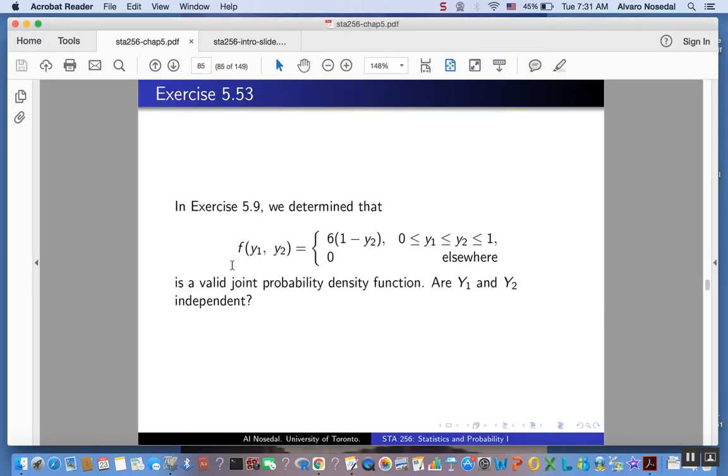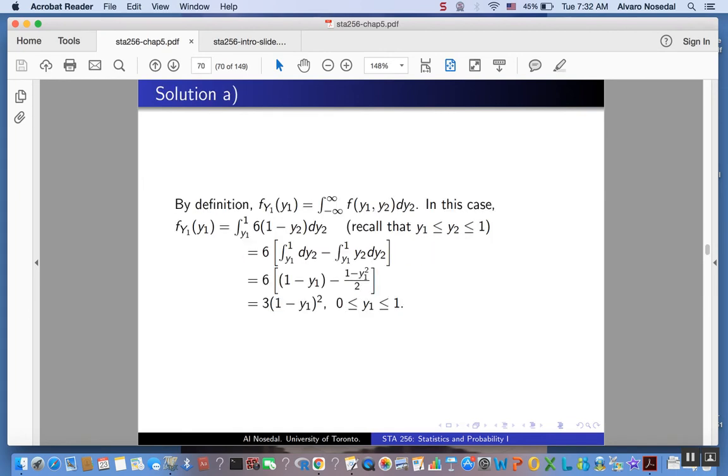Now, as I said, we had already talked about that marginal. Let me just remind you what we did. Just like before, by definition, we integrate with respect to the other variable, in this case y2, and what we ended up with was this: 3 times 1 minus y1 squared, and y1 lives in the interval 0, 1.